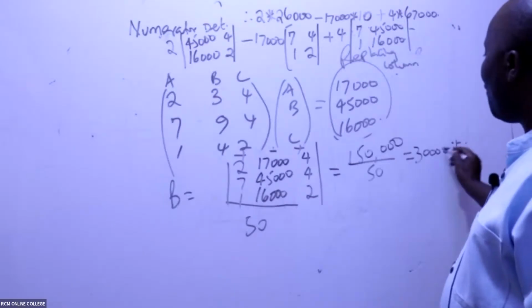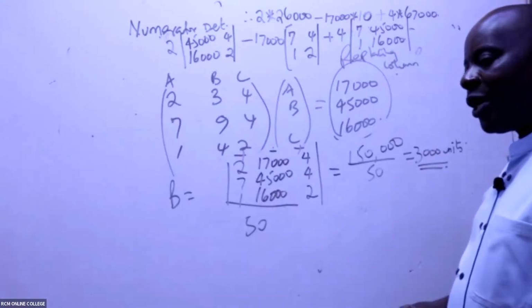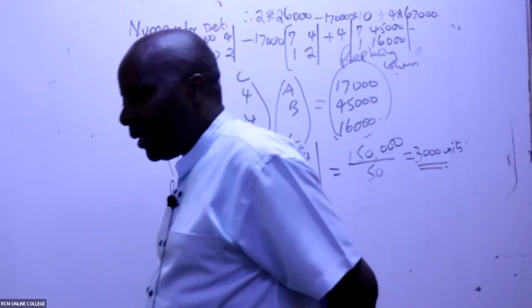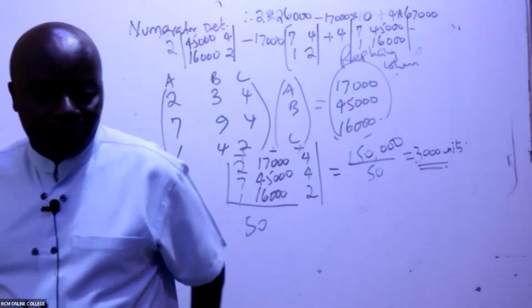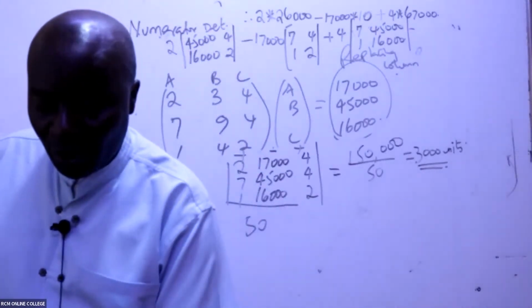So can I give you 1 minute, you try C on your own? Thank you so much. Let's see whether you'll be able to get this C on your own pretty fast.